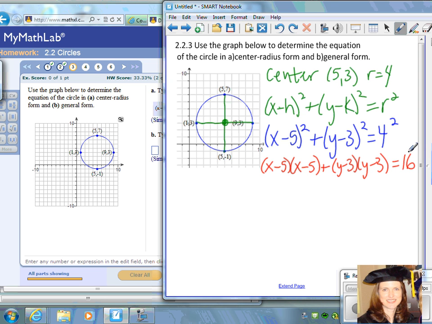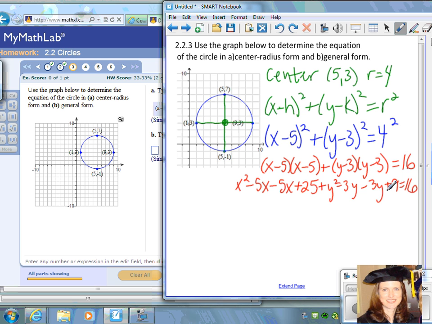4 squared is 16. When you use FOIL, first, outer, inner, last, you get x squared minus 5x minus 5x plus 25 plus y squared minus 3y minus 3y plus 9 is equal to 16.